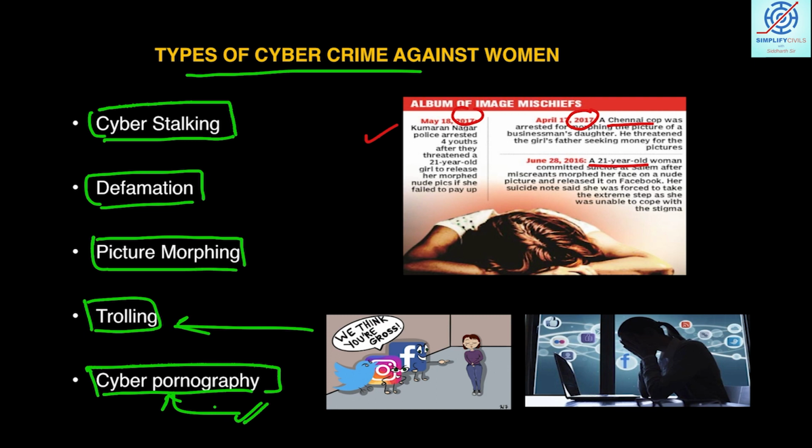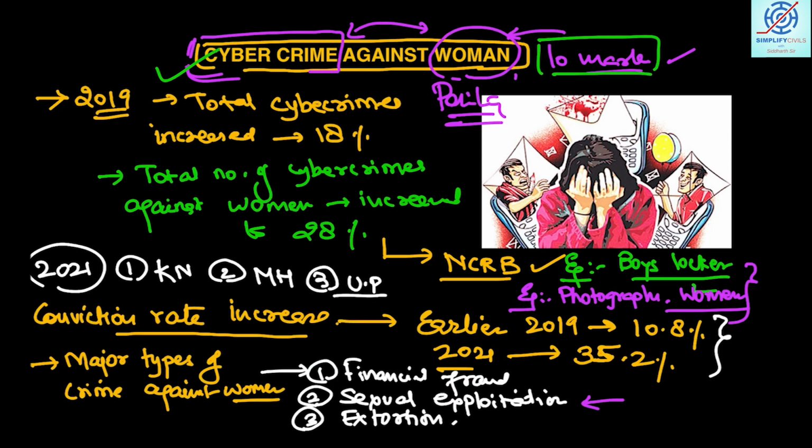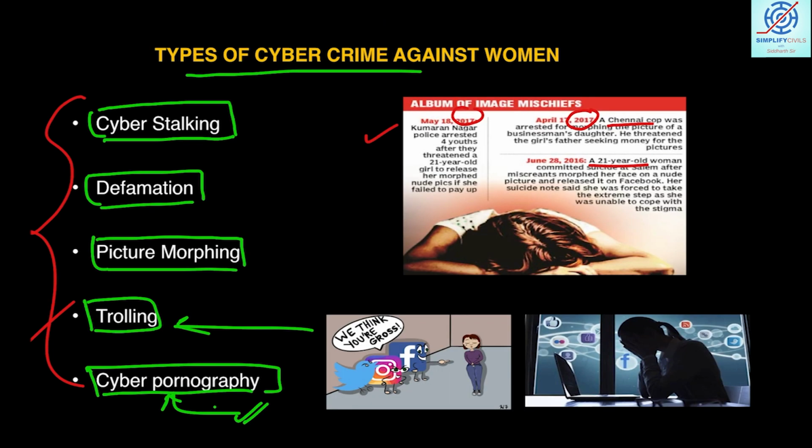So you must write these types in your answer if asked. Such data can be quoted in your introduction. It is a very important topic, you cannot ignore it. Even if the question is about new and different types of problems happening to women, cyber crimes is one such point. You should not miss it out.